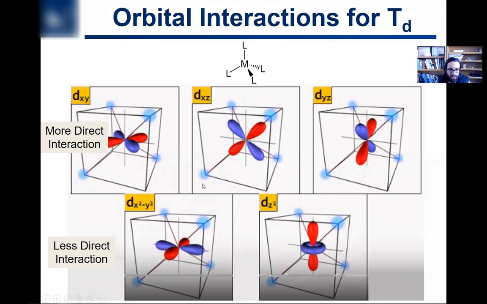Well, you can rationalize this by looking at the shapes. These light blue spheres here represent valence electrons on ligands, where the ligands are. And you can see that there's pretty direct interaction for these 3 T2s. They're not really on the lobes, not as much as the eg's were.